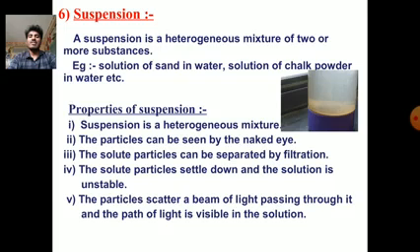The particles can be seen by the naked eye. The solute particles can be separated by filtration. The solute particles settle down and the solution is unstable. The particles scatter a beam of light passing through it, and the path of light is visible in the solution.